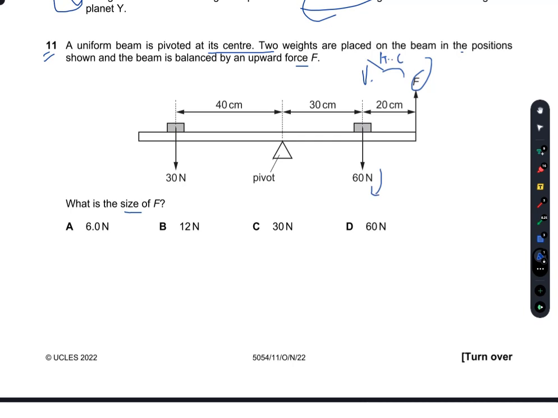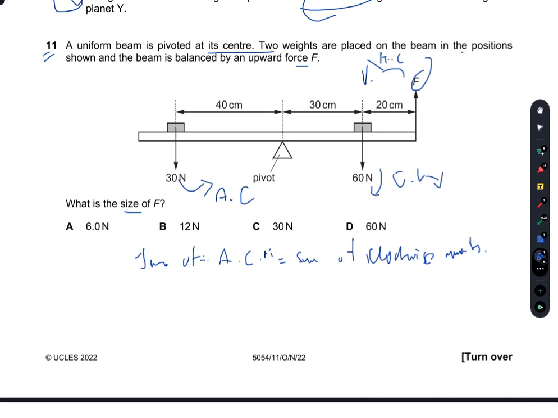This 60 Newton is acting in the clockwise direction, and this 30 Newton force is also acting in the anti-clockwise direction. And now I write the sum of anti-clockwise moments is equal to the sum of clockwise moments. So I have to write the values in the statement.